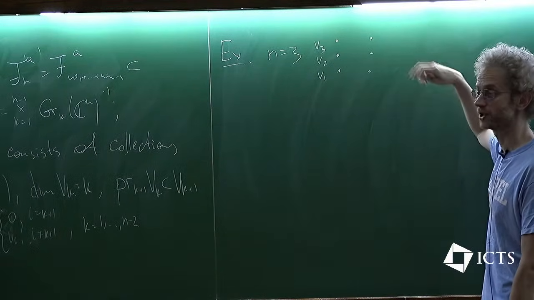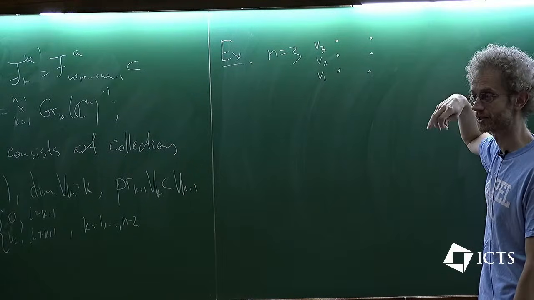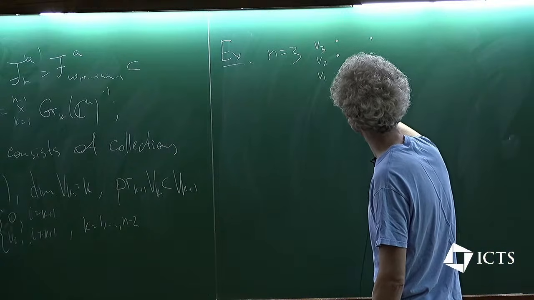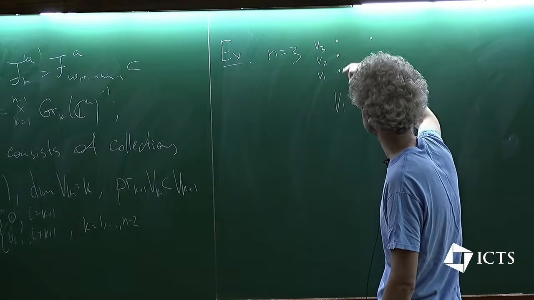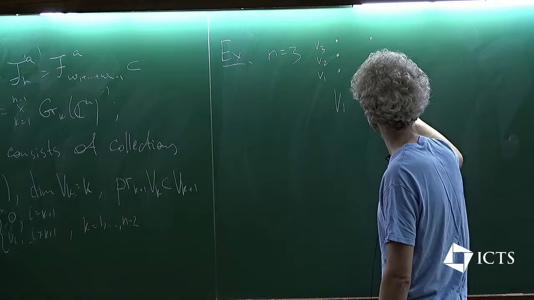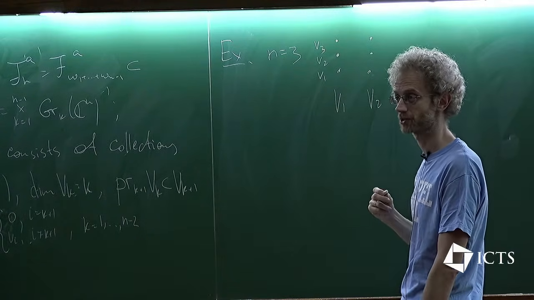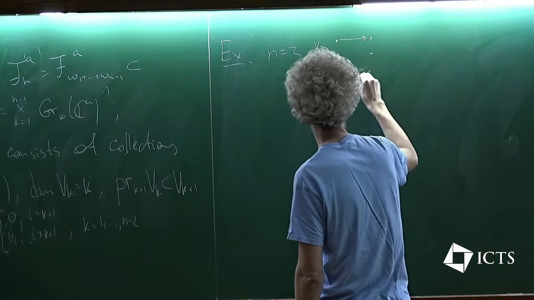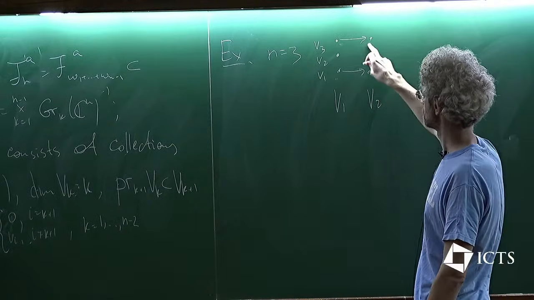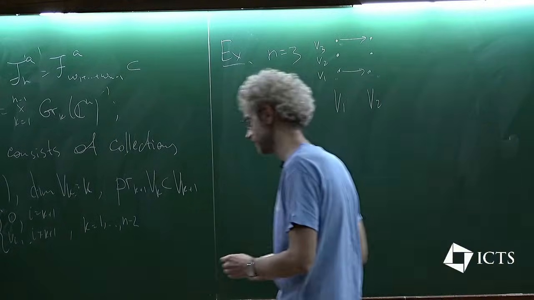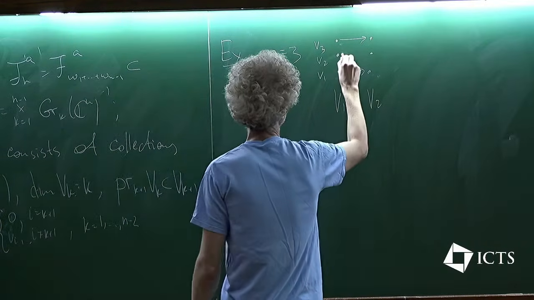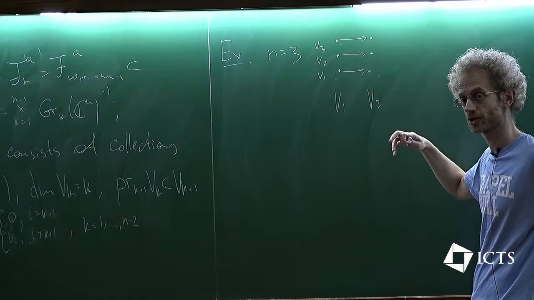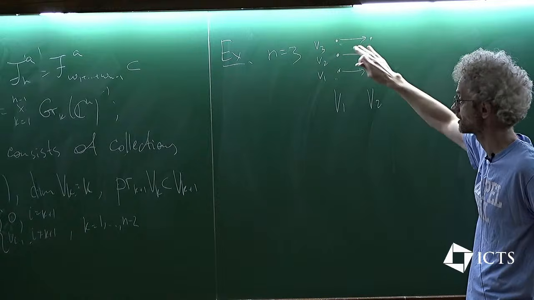I have two columns, and the dots correspond to bases in my space. I have two spaces, and I pretend that V_1 is a subspace in this three-dimensional space, and V_2 is a subspace of this three-dimensional space. And now what is our operator? It's written in a very simple way. V_1 is mapped to V_1, V_3 is mapped to V_3, and V_2 is mapped to nowhere. Maybe let me add this nowhere here. So this red line is the difference between the classical situation and this EBW situation. I just erase this part.